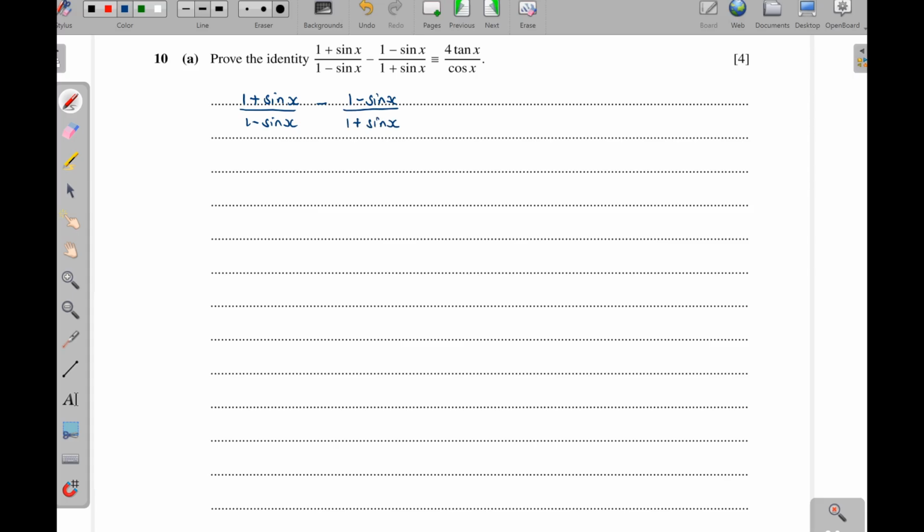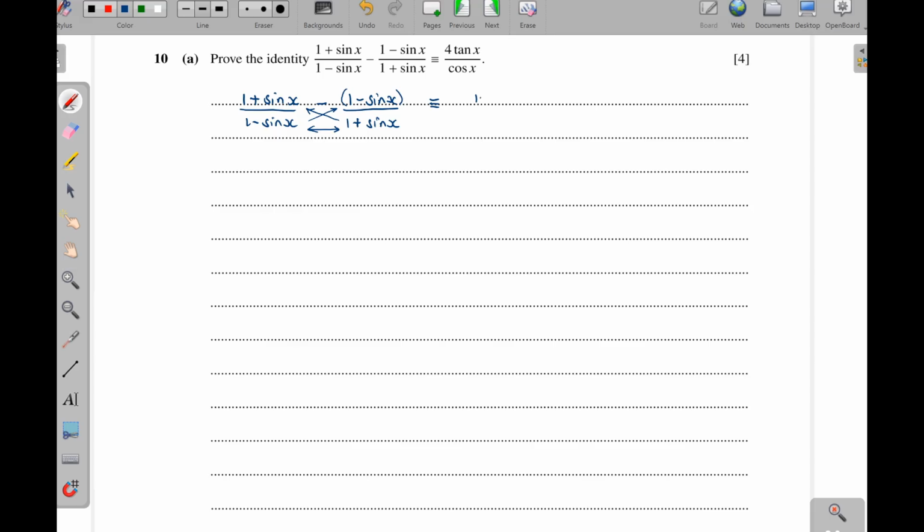Now, to avoid making mistakes, do you see this thing here? This whole fraction is subtracted from this one here, you see? So I'll put this one, let's say, in brackets, because the minus here affects whatever is here, you see? And of course, for fractions, to get the common denominator, we multiply these two, then get this one times that, get this one times that.